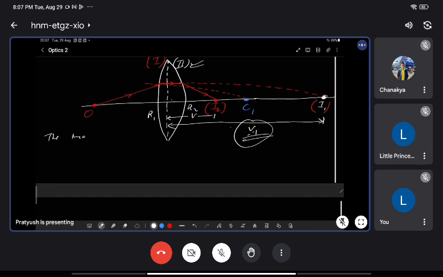The image I1 will act as object for the second surface.